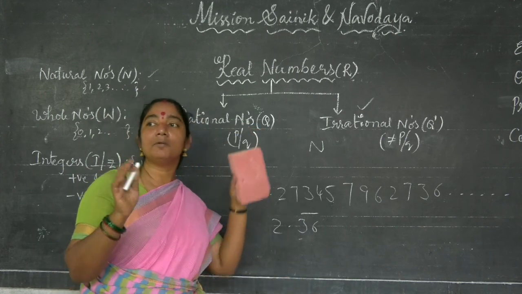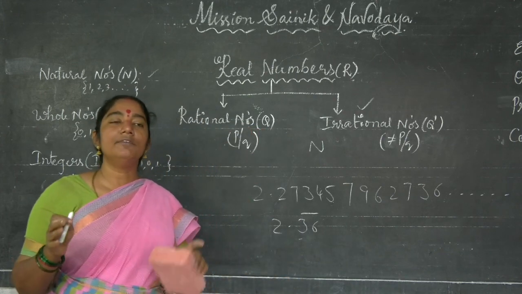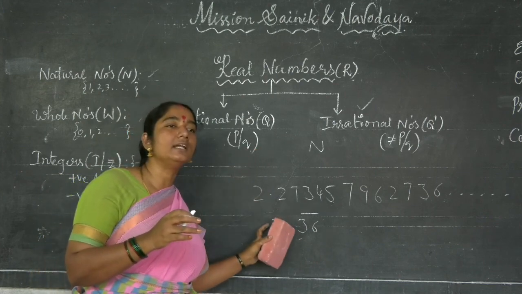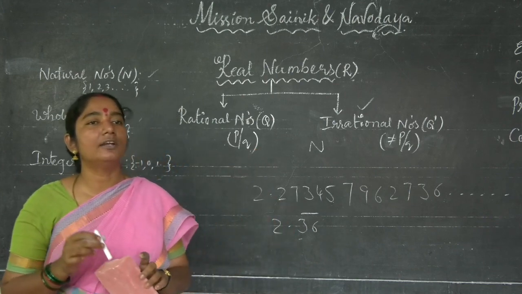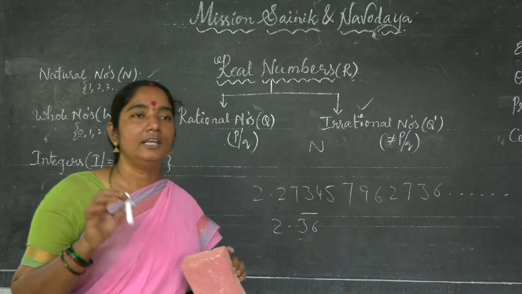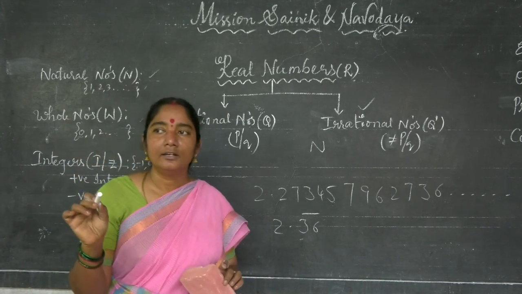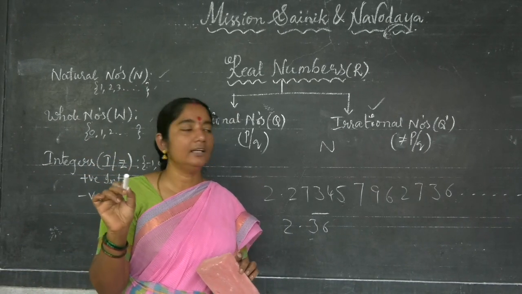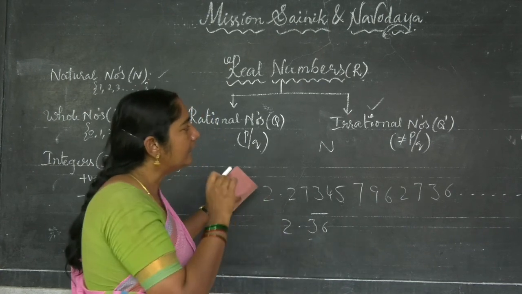If any number terminates or goes on recurring, such numbers we call rational numbers. If the number is non-terminating and not recurring, such a number we call an irrational number.